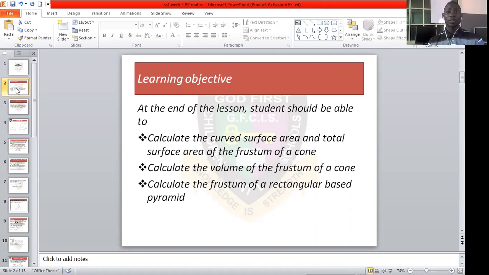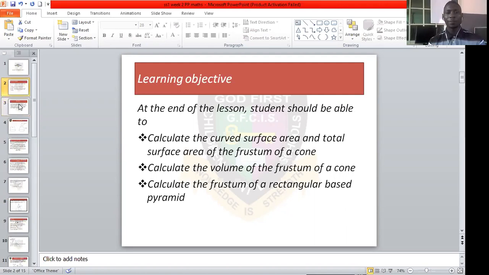The last time, when discussing the cone, we talked about the curved surface area, which is pi RL, and the total surface area of the cone. Number two, we'll look at how to calculate the volume of the frustum of the cone. And the last one is how to calculate the volume of the frustum of a rectangular base pyramid.